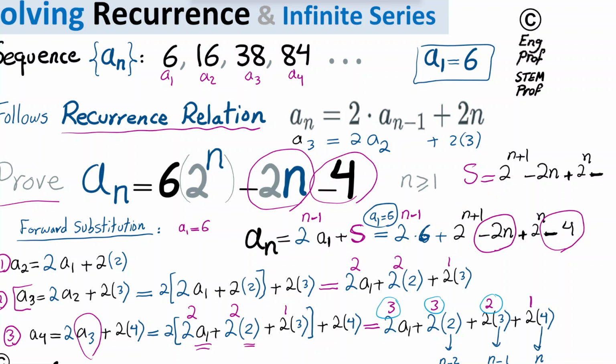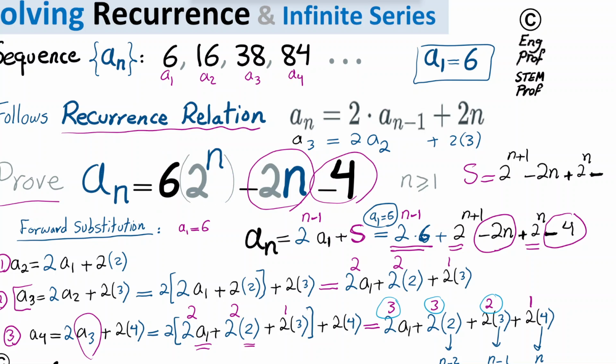And then we have what we wanted. So 2 to the n. If we sum up 2 to the n plus 1 with 6 times 2 to the n minus 1, we will get 6 times 2 to the n. That is what I wanted to show.